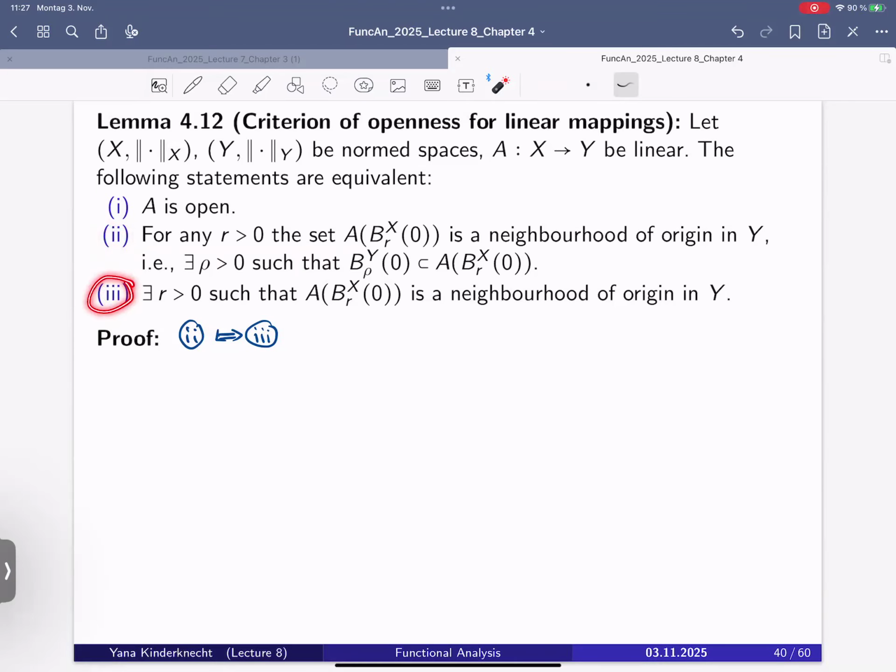But if we have 3, then by rescaling and linearity of A, we can rescale such an open ball to any other open ball with any other positive radius. By rescaling, I mean, x is mapped to some positive constant times x, and linearity of A.